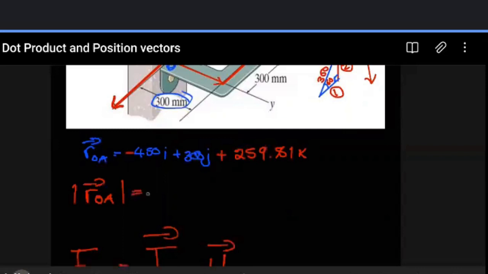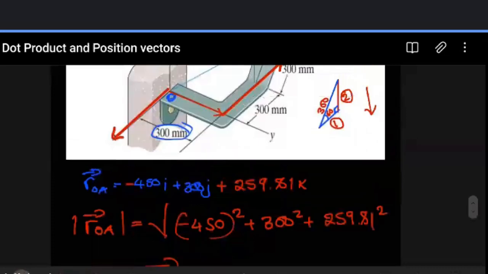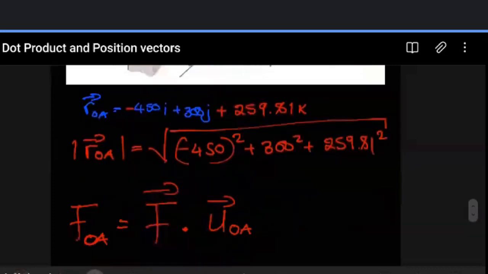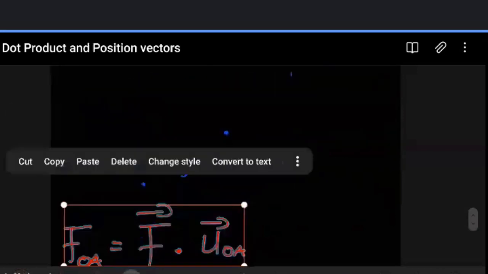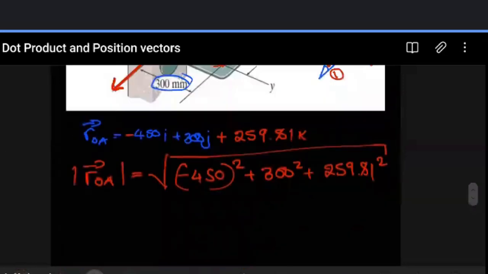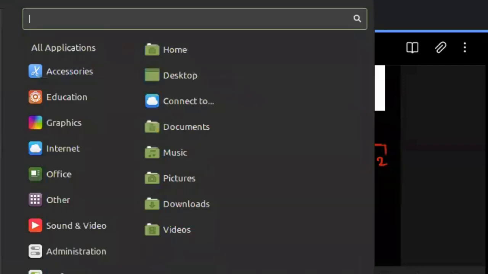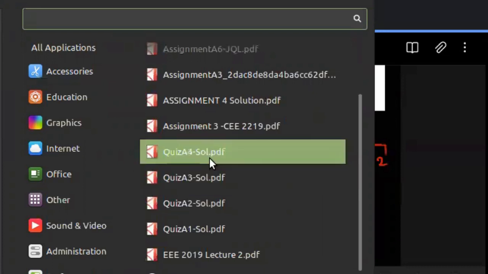So this is going to be the square root of minus 450 squared plus 300 squared plus 259.81 squared. What would this give you? 600.